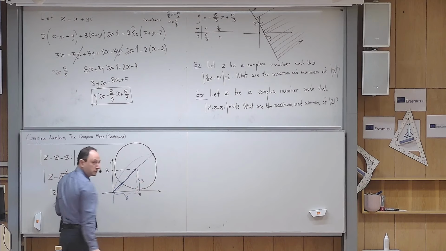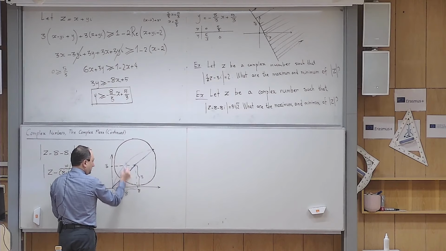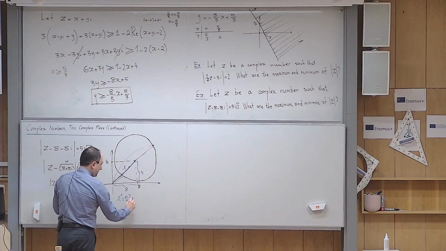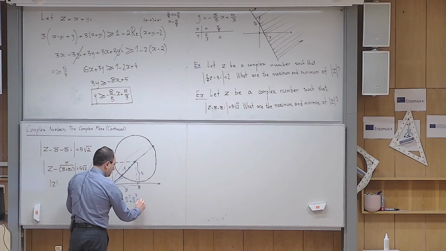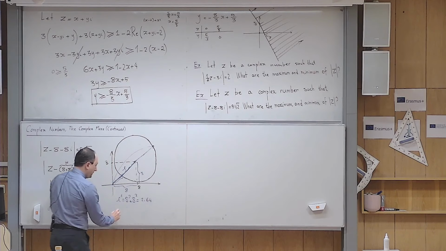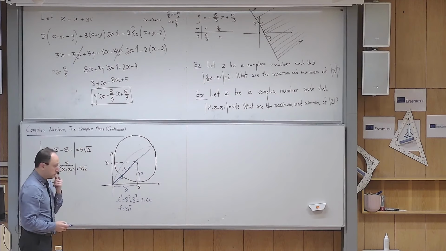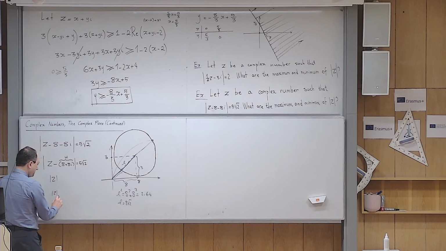Exactly. So this is 8 units, and this is 8 units again. So this hypotenuse, let me call it L. L squared becomes 8 squared plus 8 squared. So this becomes 2 times 64. So L becomes 8 square root of 2. Yes, so L is that one. So now, what is Z minimum?